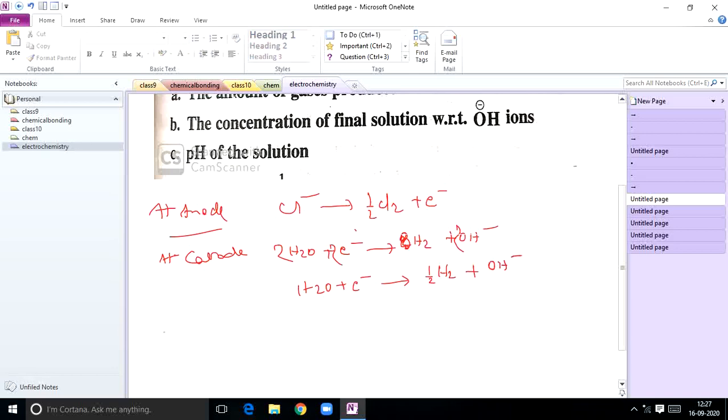So now quantity of electricity passed. So you calculate the electricity passed. So electricity passed is equal to Q by 96,500. So number of Faradays of electricity passed is equal to Q value, how much, students? 96.5 into 1, Q means I into t. So by 96,500. So you will get how much?